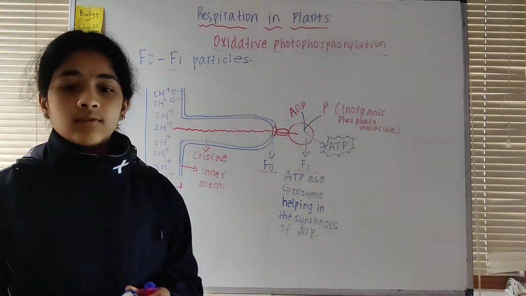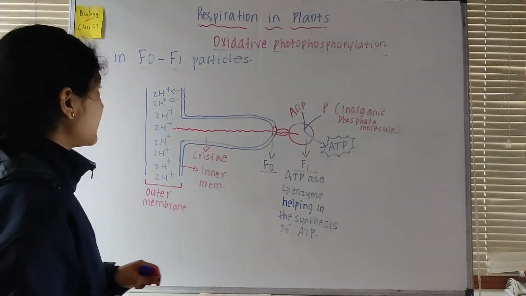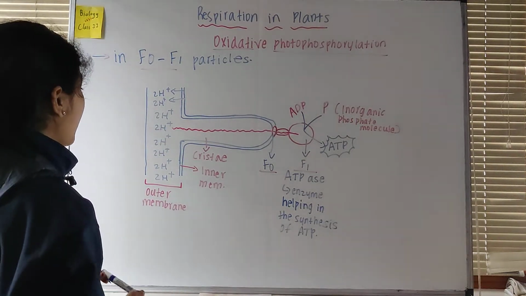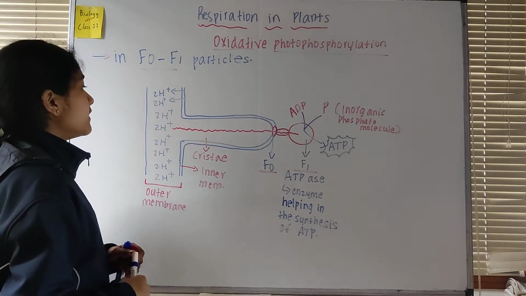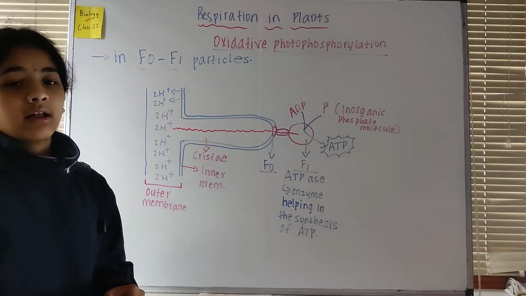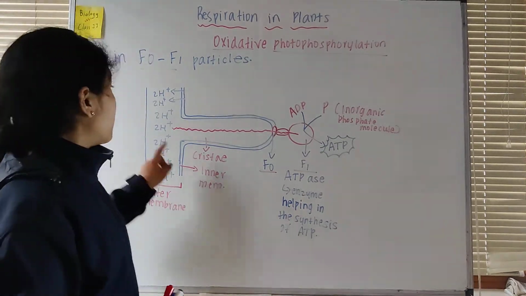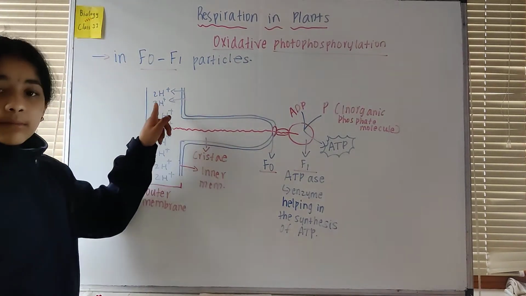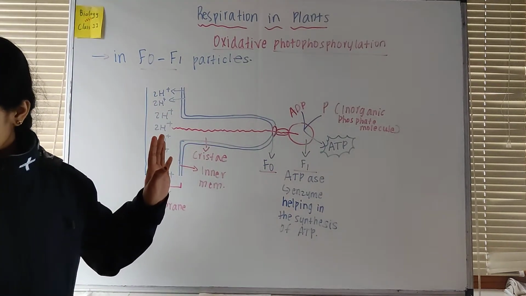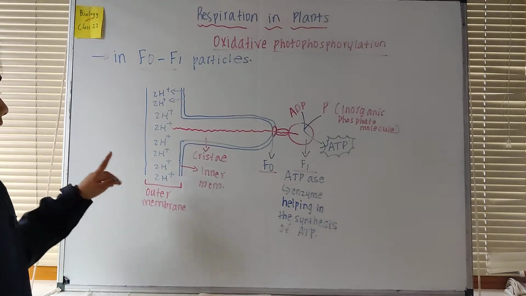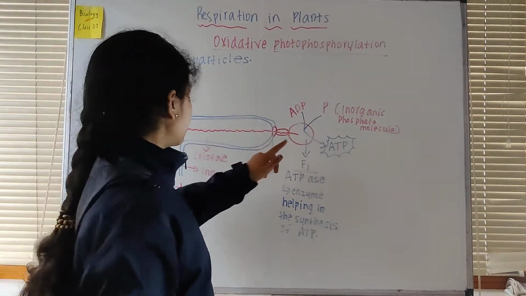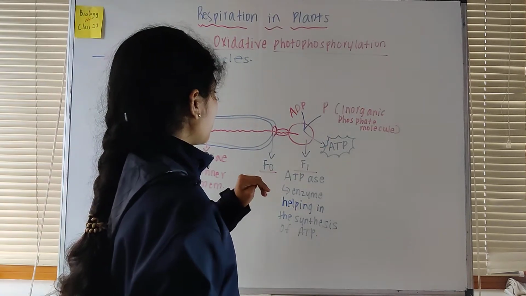So this process occurs in the F0 F1 particles in the mitochondria itself. What exactly happens? The protons get pumped into the outer compartment of the mitochondria. So the outer membrane is full of positive charge, and these protons release energy towards the F0 F1 particles.